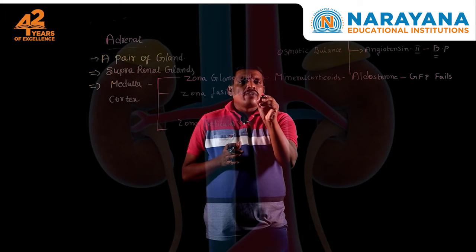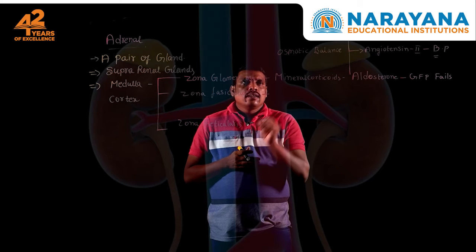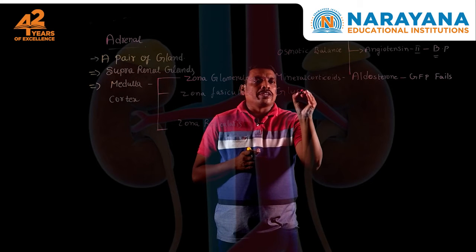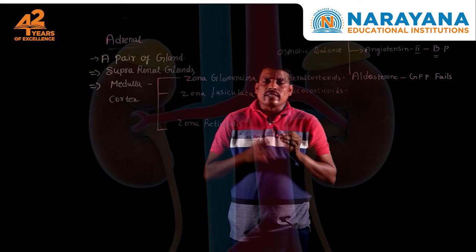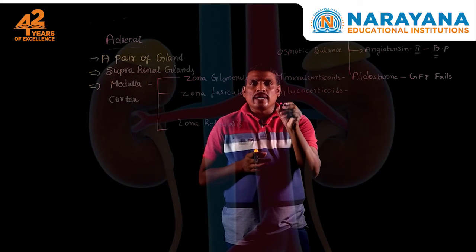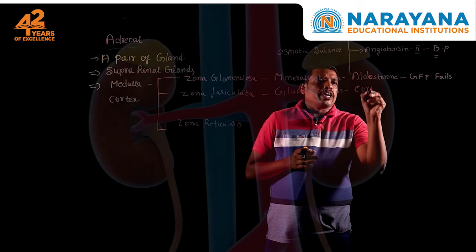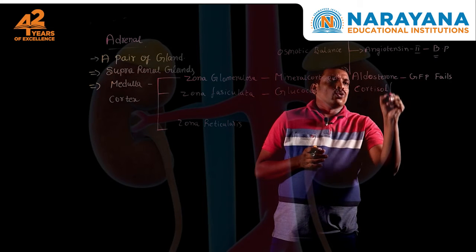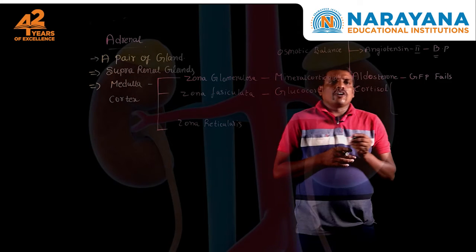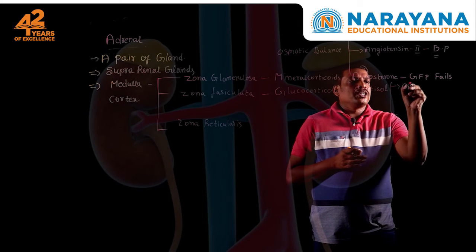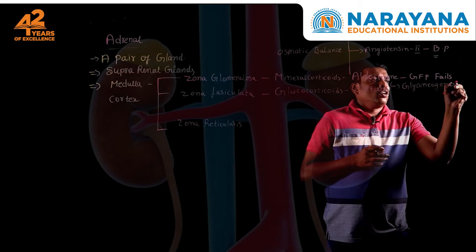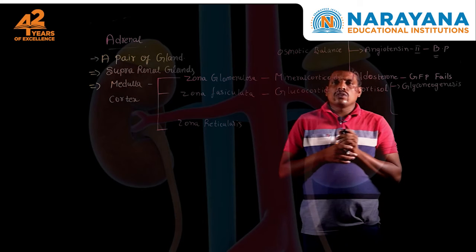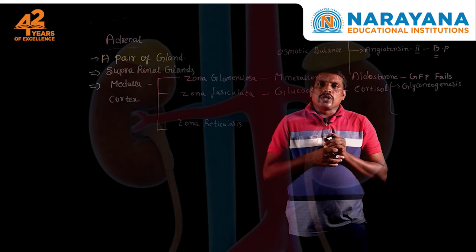Whereas the zona fasciculata, the second zone of the adrenal gland, secretes glucocorticoids. The best example for glucocorticoids is cortisol. Glucocorticoids help in the process of gluconeogenesis, which means the formation of glucose from proteins and fats, other than carbohydrates.